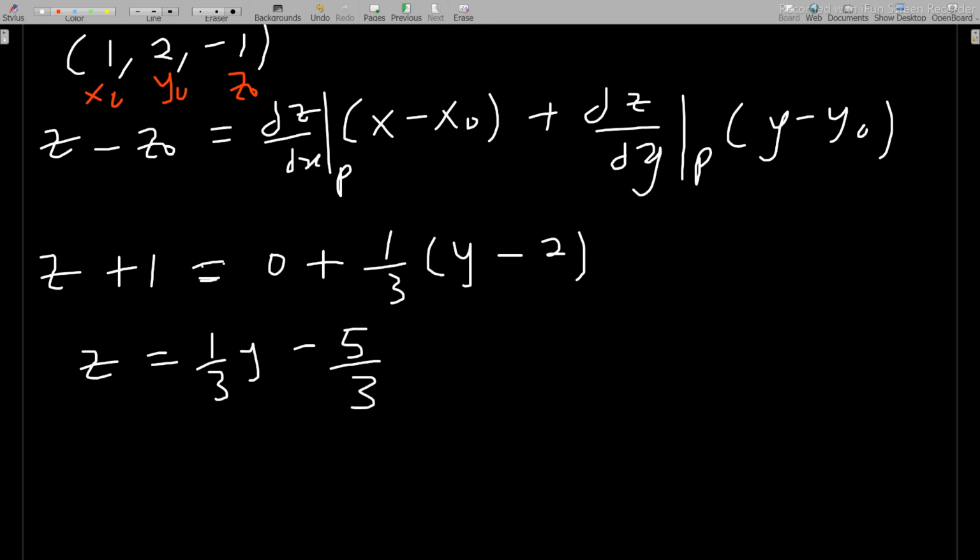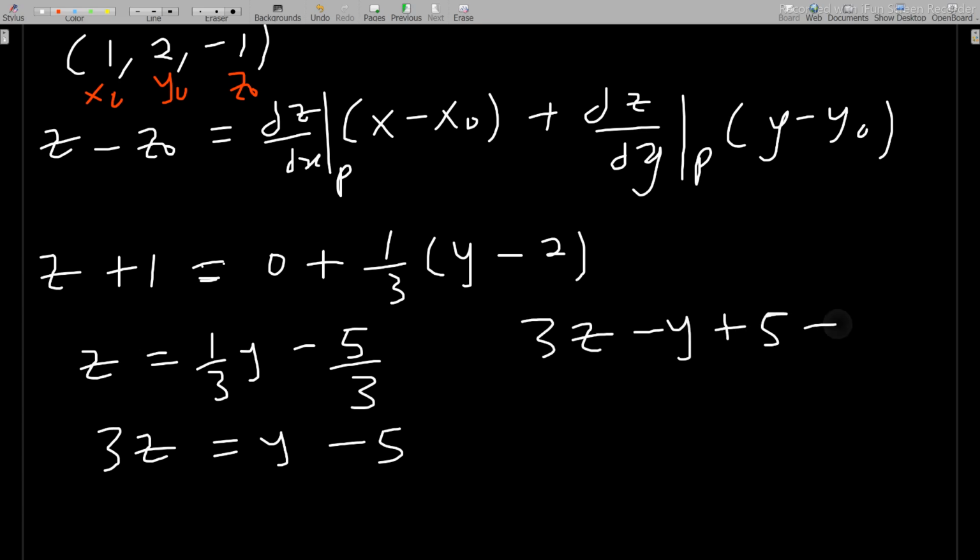Either you do it this way, or you say 3z is equal to y minus 5, so you can write it in different ways. Or you can bring everything to the right side and say 3z minus y plus 5 is equal to 0.